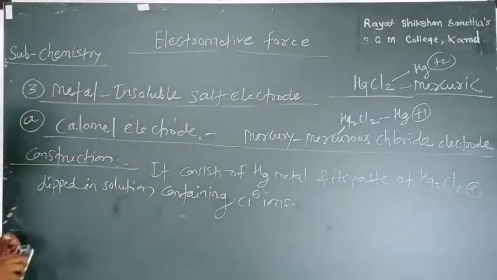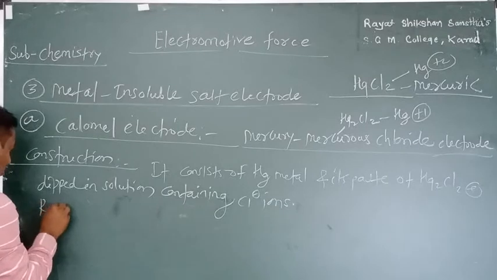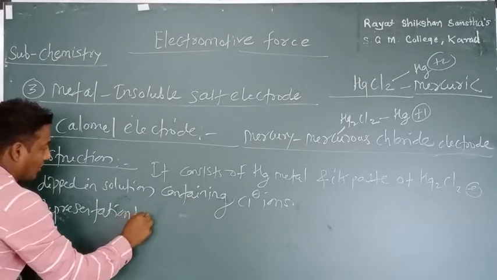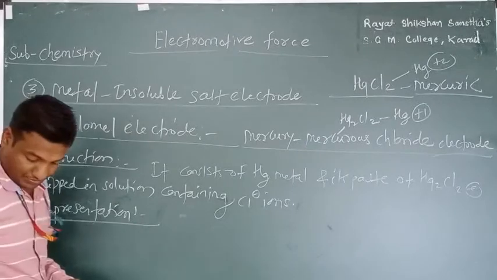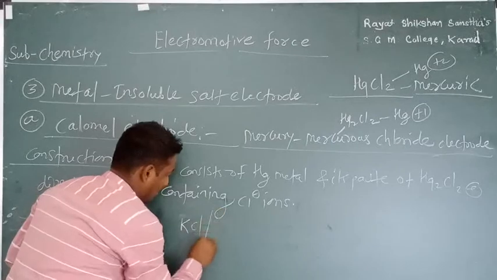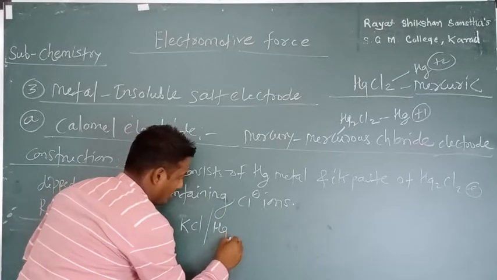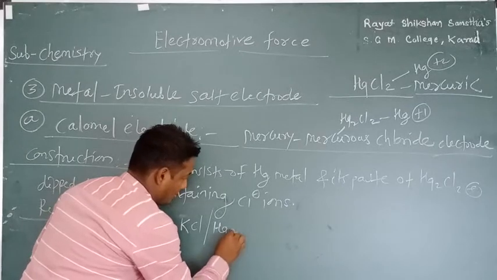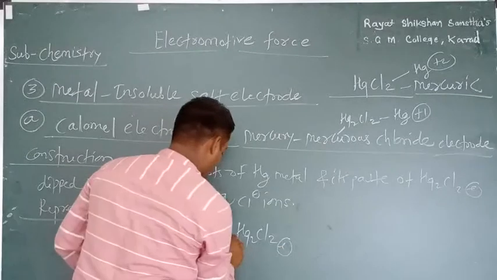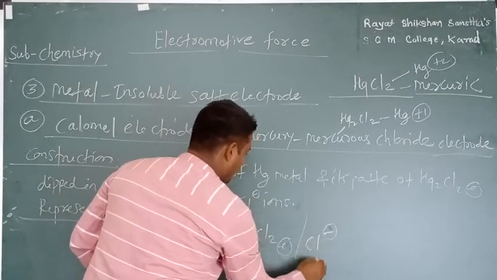After writing down the construction, we will write down the representation of this electrode. How can we represent this electrode? KCl, Hg, Hg2Cl2 and Cl minus ions.